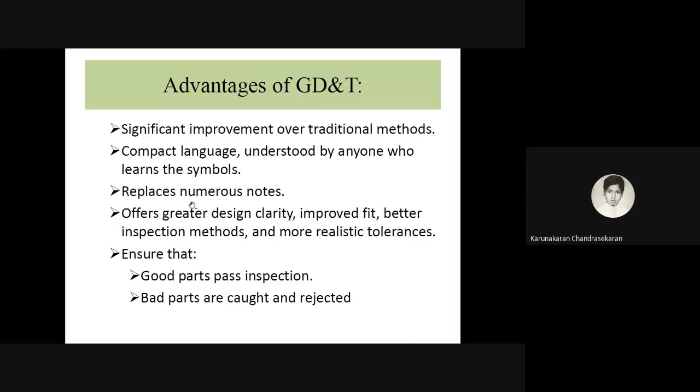With these very important things, numerous notes have been removed. You need not write a lot of notes. Just mention some symbol, that is more than sufficient. It is understood universally. So this is a major advantage. It replaces numerous notes, and you need not write paragraphs. Just mention one symbol, it clears all. It also offers better clarity, improved fitness and better inspection methods.